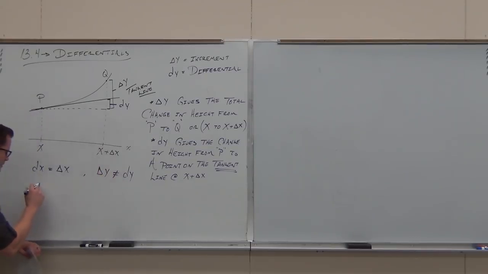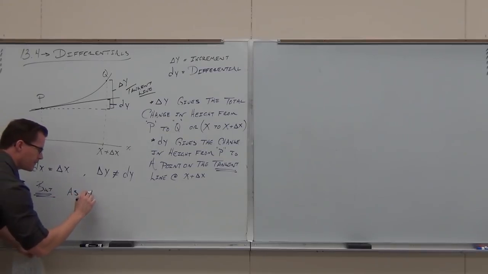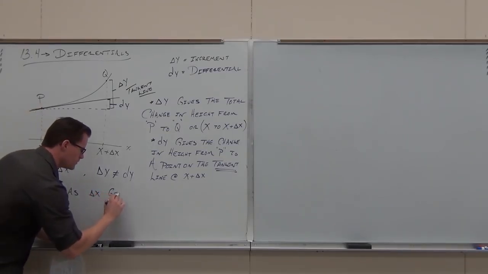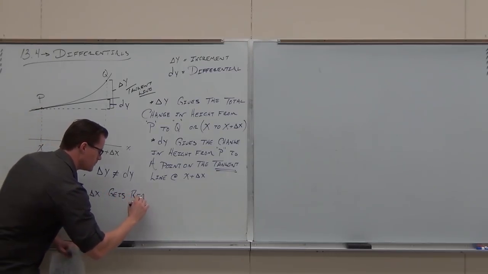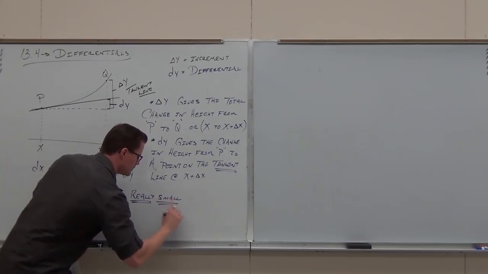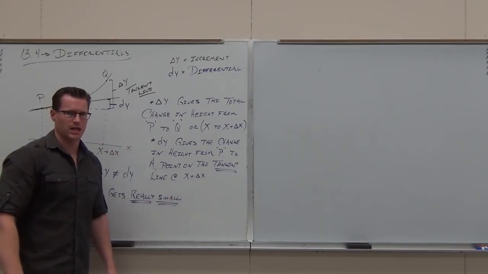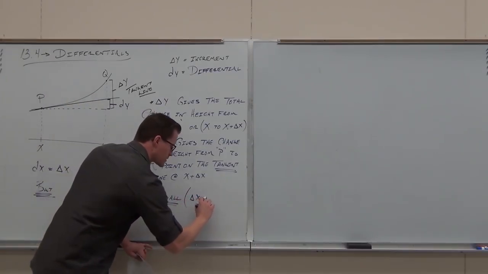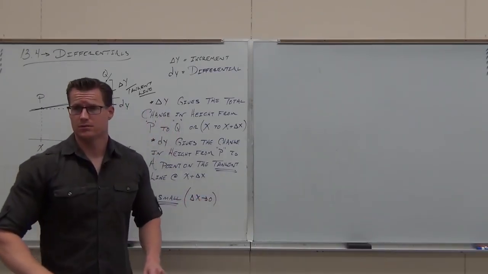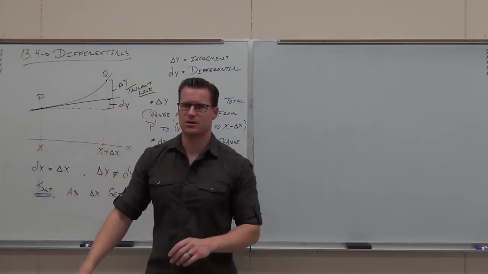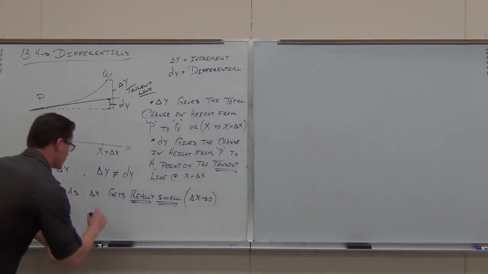No, but as delta x gets really, really small, or as we've been through calculus, as it approaches zero, as the difference between these two points becomes zero, then we have this.